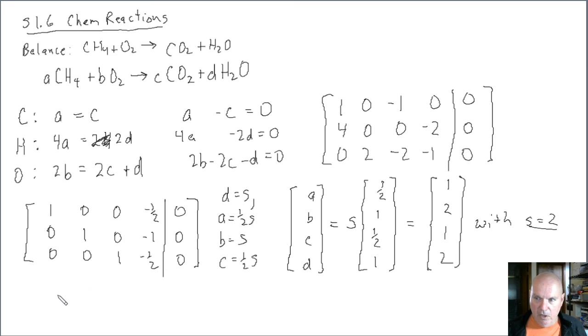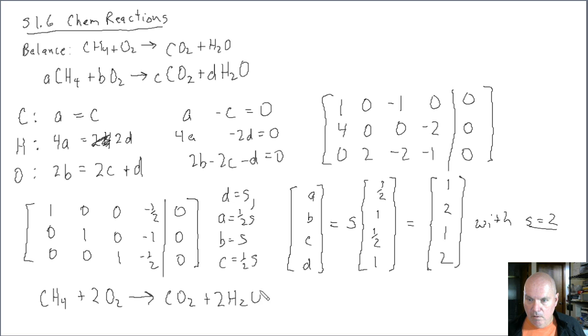Plugging these values back into my chemical reaction equation, A is 1, so 1 mole of methane plus 2 moles of dioxygen will produce 1 mole of carbon dioxide plus 2 moles of water.